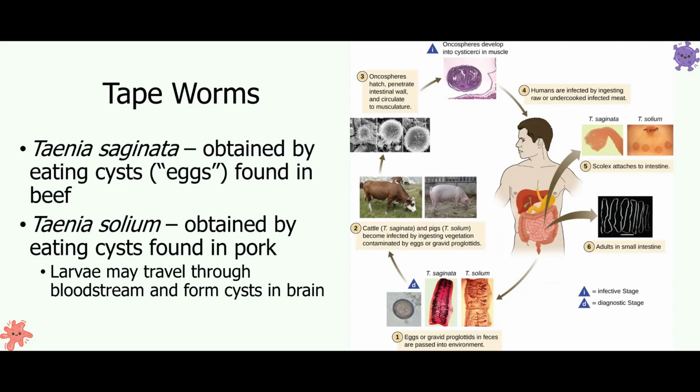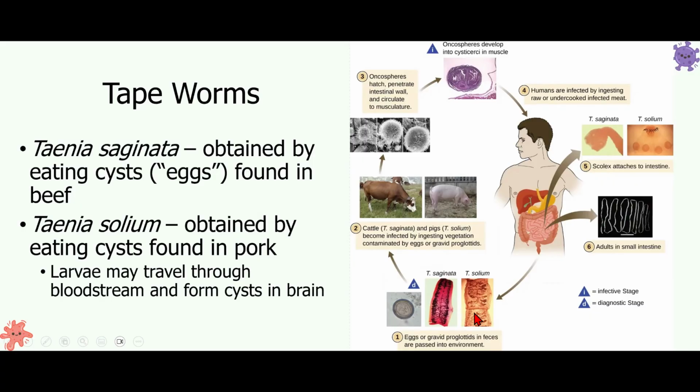Now, for the saginata, the one that's found in beef, typically the worms just kind of hang out in your intestines. It makes more eggs, and that's pretty much it. So, not really too crazy. But in the Taenia solium, which is found in pork, the worm could then produce larvae, and those larvae could go into your bloodstream and then travel to your brain and produce cysts in your brain.